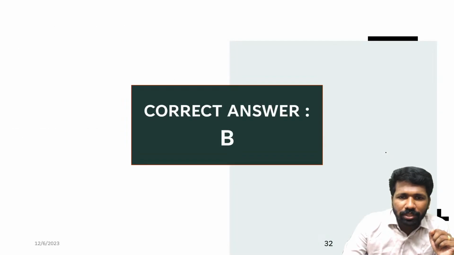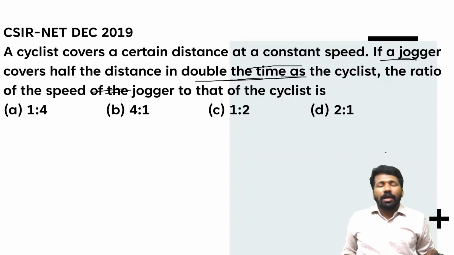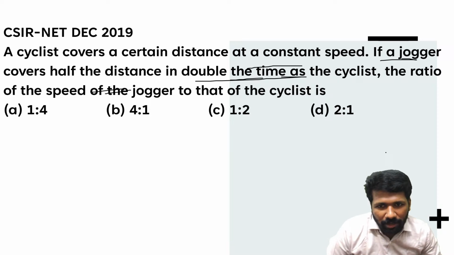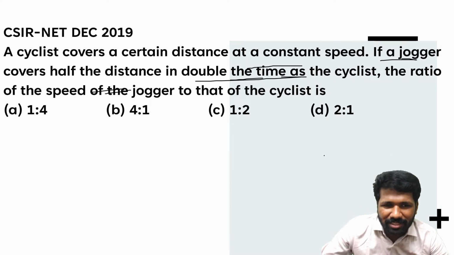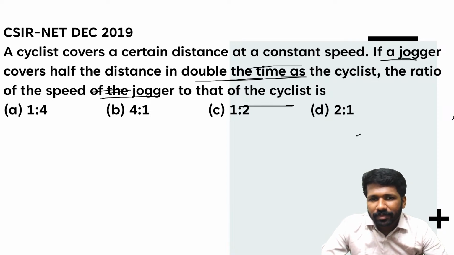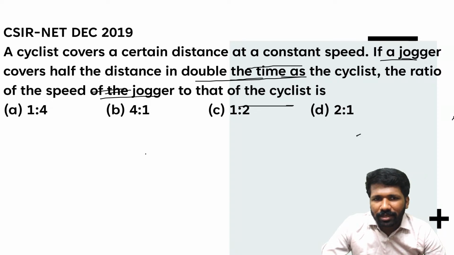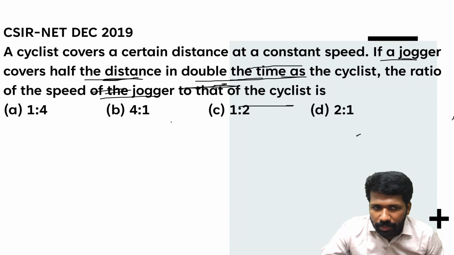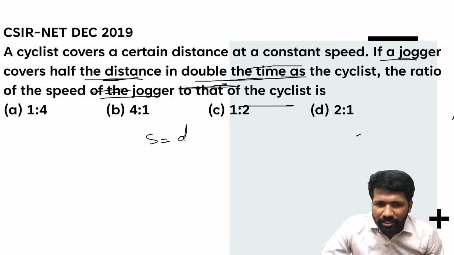If you are doing this in a logical direct method, you don't have to do all those steps. How can you do it instead? Question is asking speed of jogger to speed of cyclist. Look at this. Jogger is traveling half the distance, double the time. Speed is equal to distance by time.